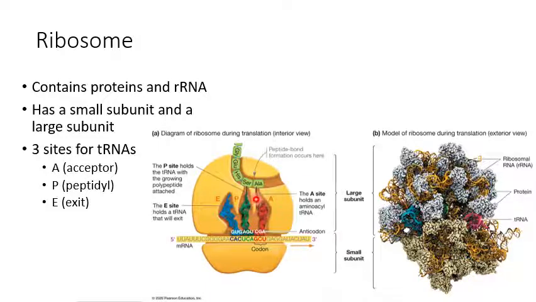You're going to have the A site tRNA move into the P site, called the peptidyl site. That's where peptide bonds would actually be catalyzed. Then as the mRNA moves more, that tRNA will end up in the E site, which is the exit site where it leaves. So A is for tRNAs coming in, P is for peptide bond formation, and E is for tRNAs leaving.